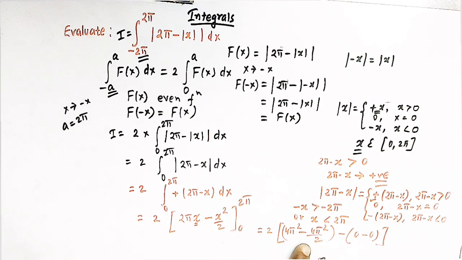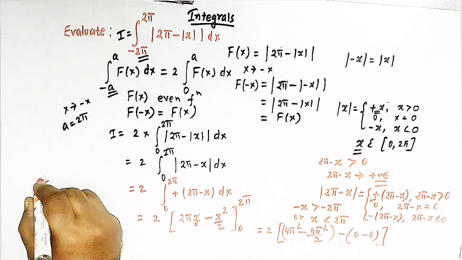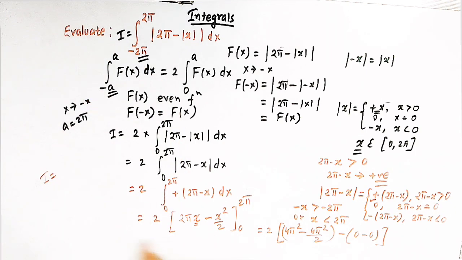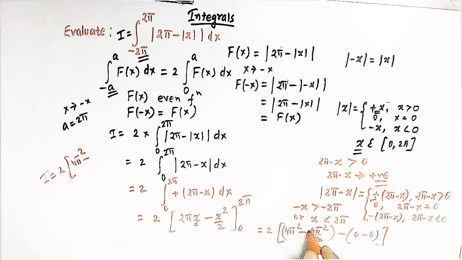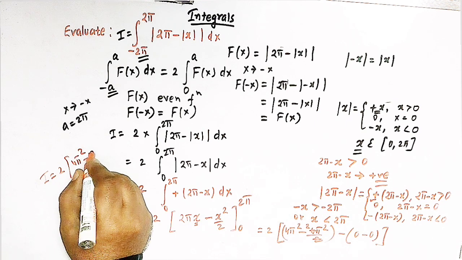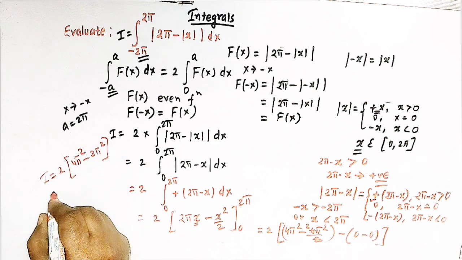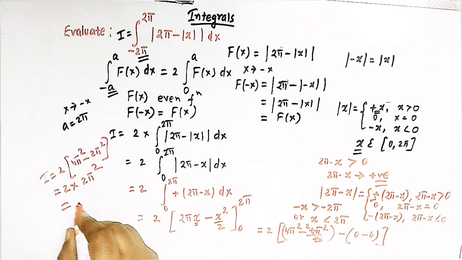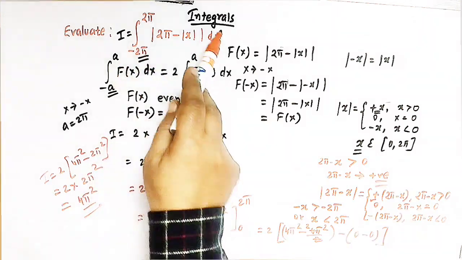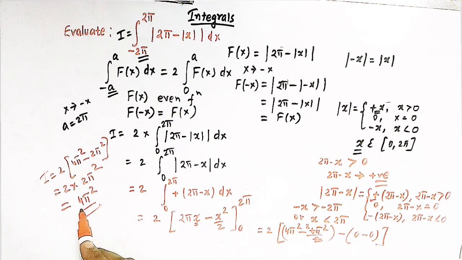So now simplifying, the value of this integral I is equal to 2 times, here we have 4 pi square, and here we have 2 pi square, right? And this is 2 times 2 pi square, that is equal to 4 pi square. So viewers, the value of this integral is equal to 4 pi square.